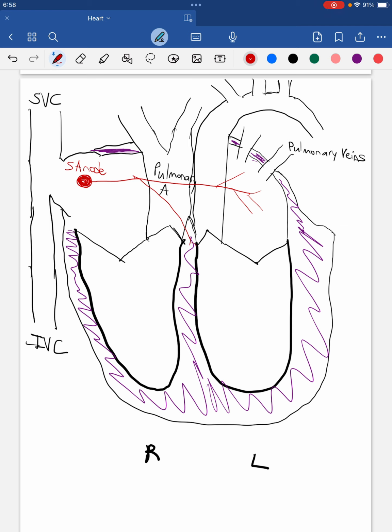Then that's next sent to the AV node. The AV, atrioventricular, node is right between the atria and the ventricles. So, the AV node.